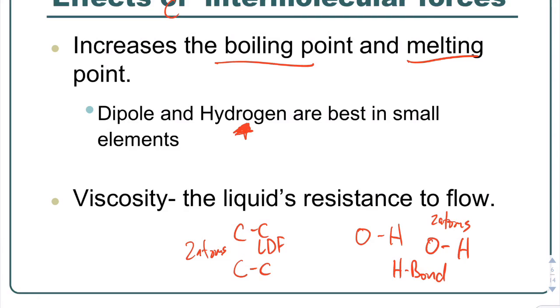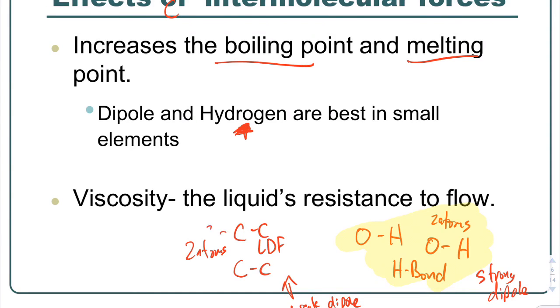Say you have an ethane and an ethane, and then you have an OH and an OH. Who's the most attracted towards each other? We know that this one is going to be the greatest attraction, because really what an LDF is, is a really weak dipole, and this is a strong dipole. So the hydrogen bonding is going to win when it's an equal sized atom.